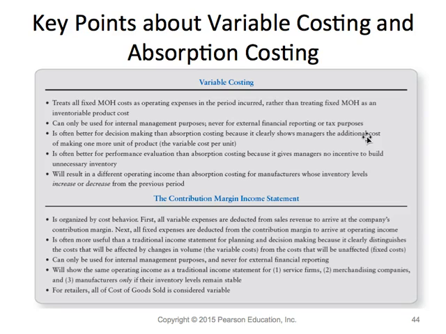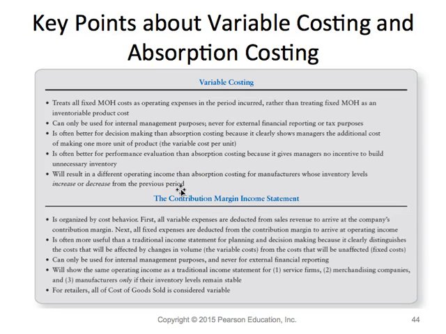Here there is also a comparison of variable costing and contribution margin income. This is basically absorption costing. They have some differences, as we have described here.